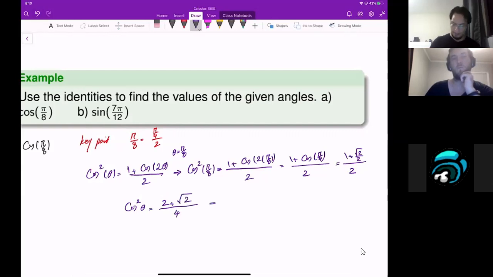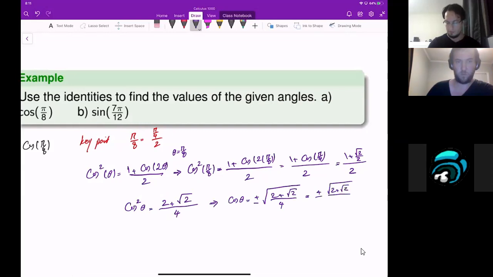And then from there, you see that cosine theta is either plus square root of that, or it is minus. Yes, it is either plus or minus, but which one is correct?